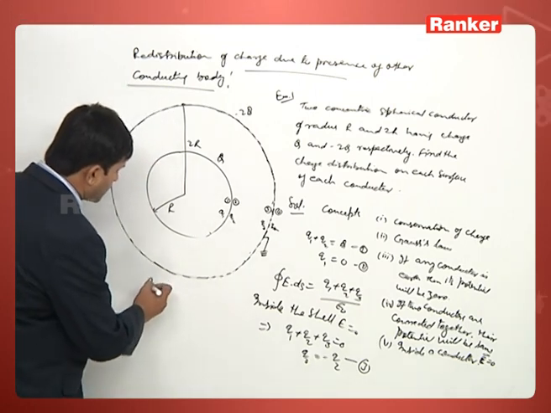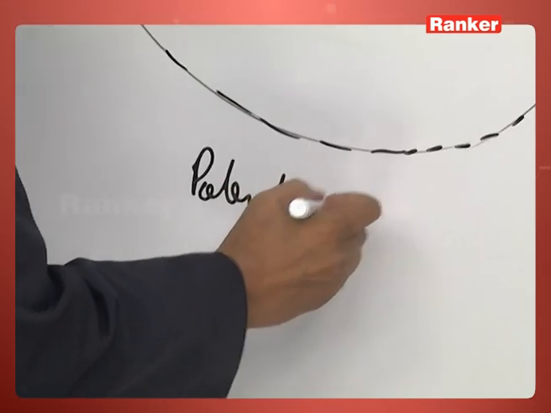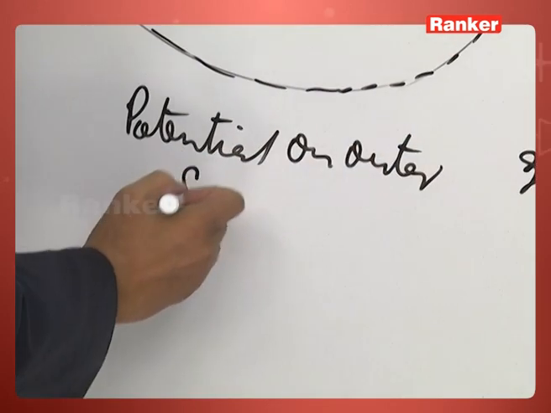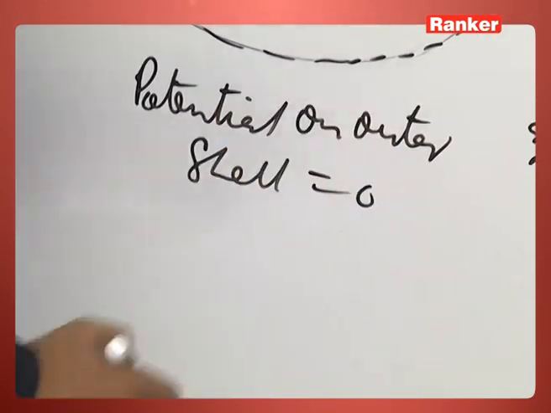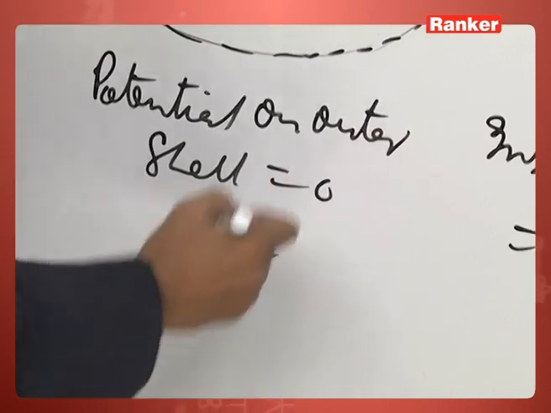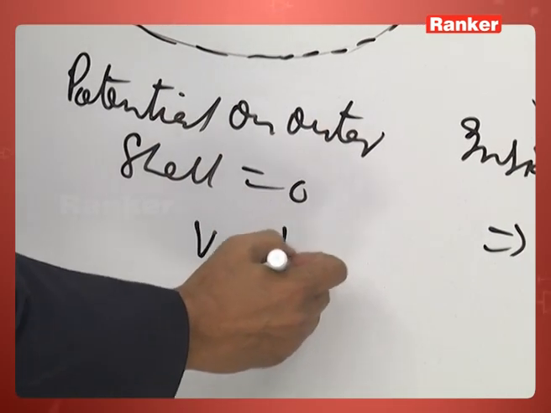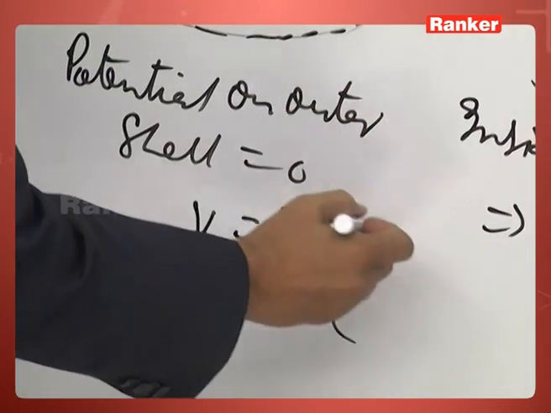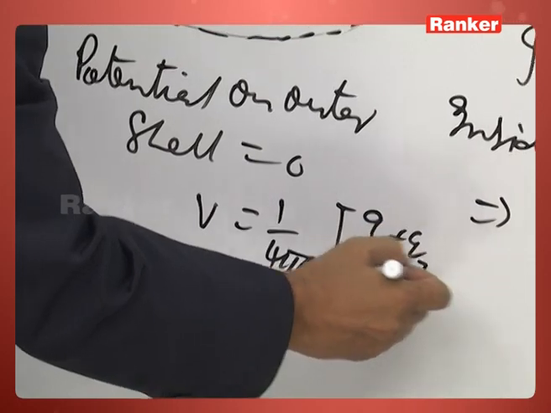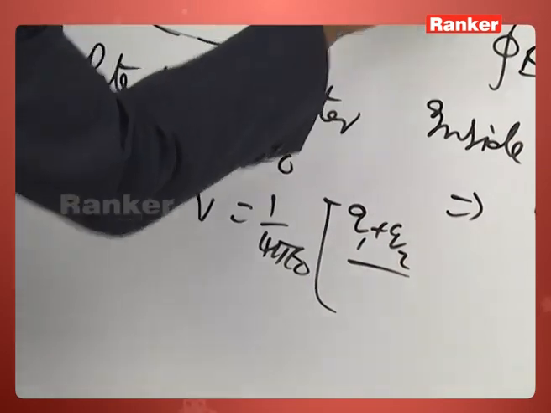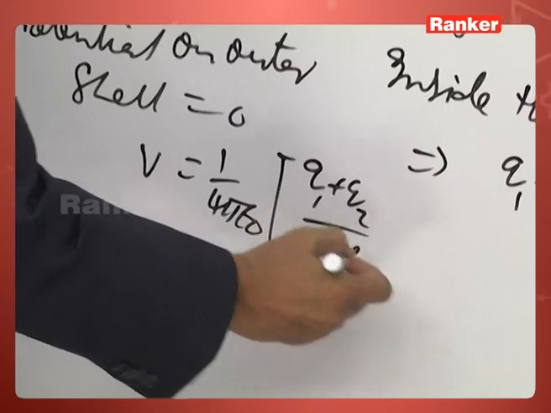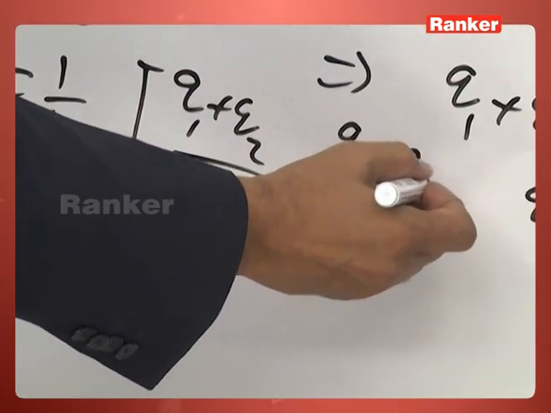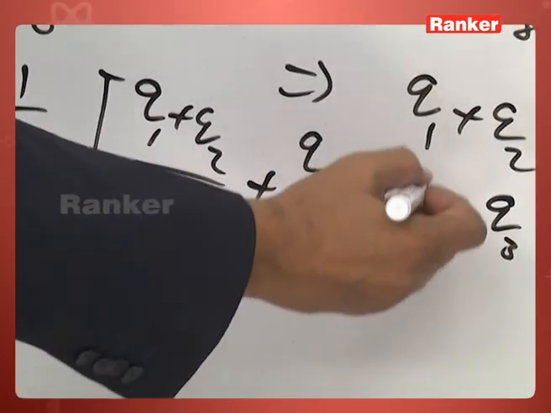So first we are calculating the potential on the outer shell. Potential on the outer shell is 0. So V is equal to, due to all charges, 1 by 4 pi epsilon naught times (Q1 plus Q2) by the distance from here to here, 2r, plus (Q3 plus Q4) by 2r.